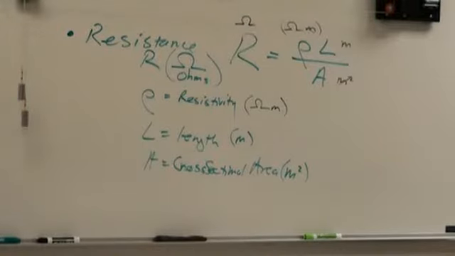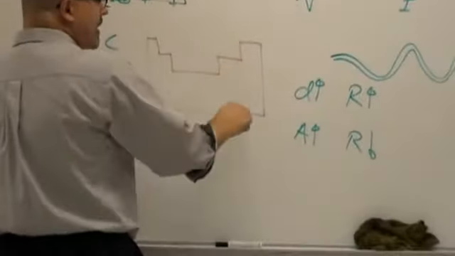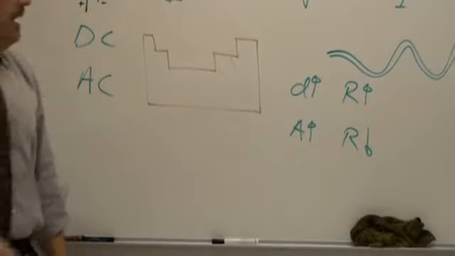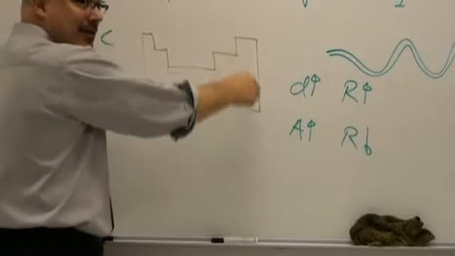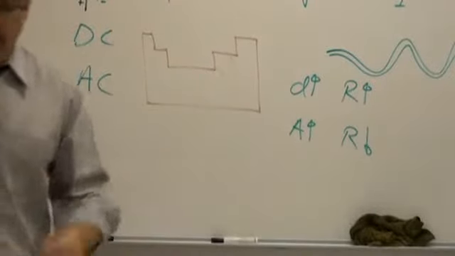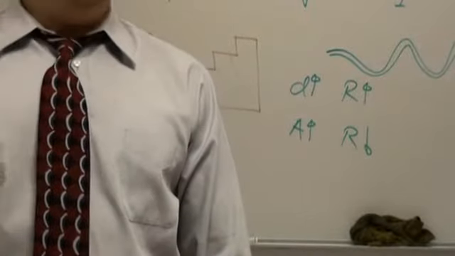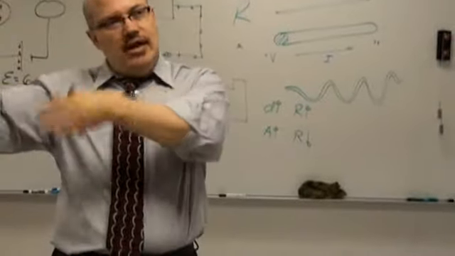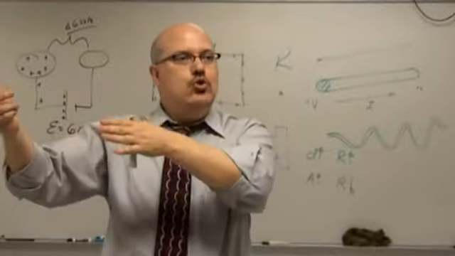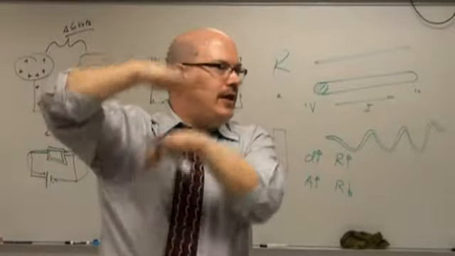Metals, conductors; non-metals, insulators; in-betweeners, semiconductors. Semiconductors have a resistivity somewhere around 10 to the 2 to 10 to the negative 2, in this Goldilocks area.